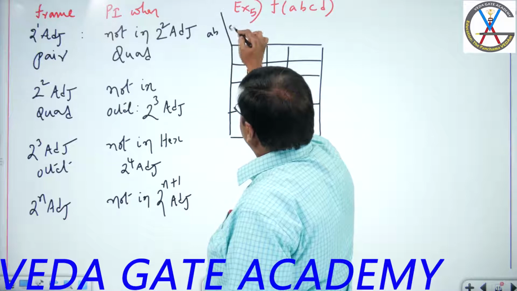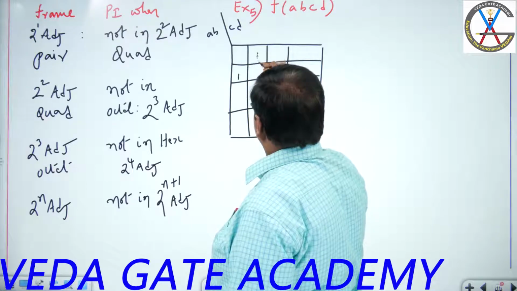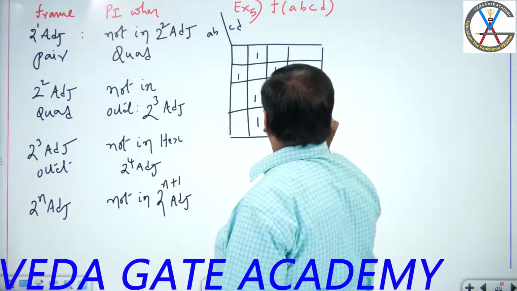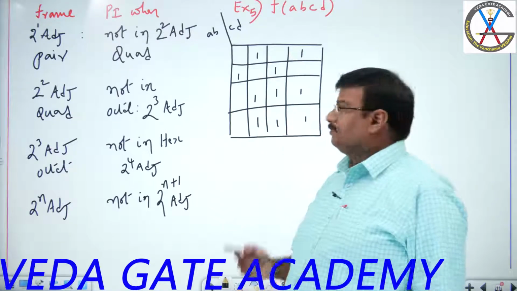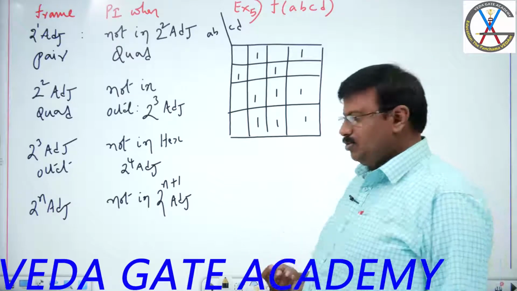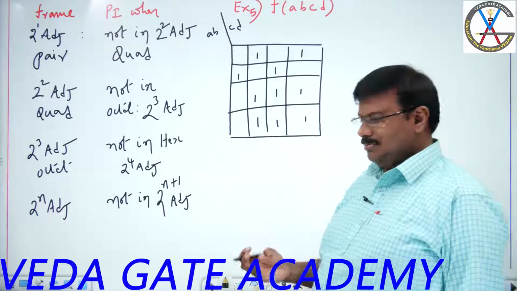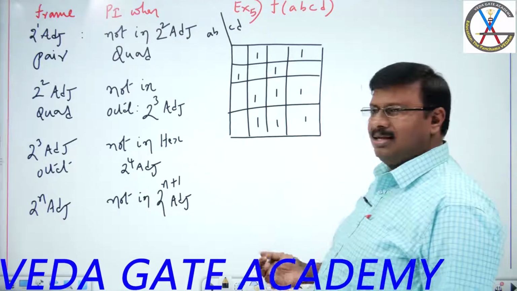From this map, try to figure out implicants, prime implicants, essential prime implicants, and output declaration.